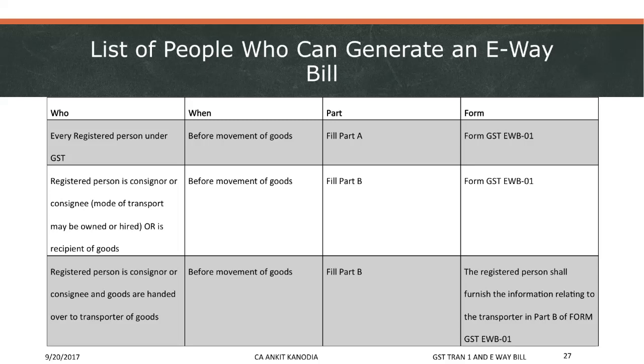So here comes the importance of the transporter under the GST regime. The whole logistics sector depends upon the transporters and the goods transport agencies. Today, goods transport agencies are not registering, saying my 100% reverse charge liability is on the recipient, so there is no need of registration. Agreed to that. But again, when you need to come into the GST regime, when you have to be a part of this GST law, when you have to generate e-way bill Part B, or maybe in situations where you have to generate both, if you are transporting for unregistered persons, when you have to generate the e-way bill.